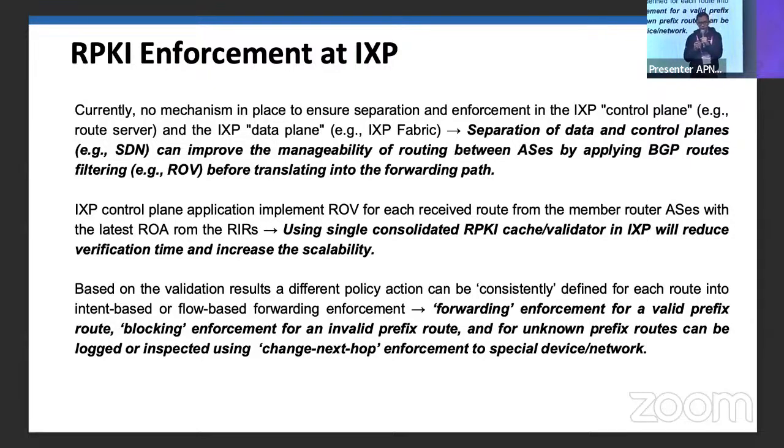Because if we do it from the routing policy perspective on each member router, some members may block but some other members may not block, and that may cause another problem, because the route will go through this member but will not go through the other members. So this is the overall idea of how we can enforce ROV in the IXP.